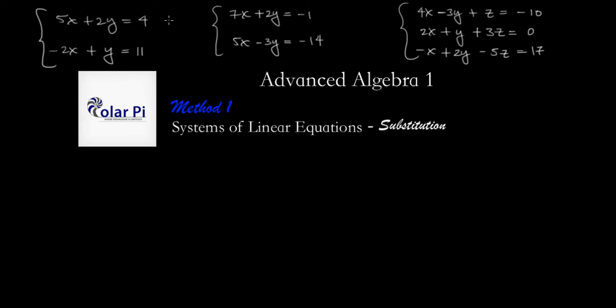So this is the first problem. As I said, that coefficient of 1 in the second equation tells us that we should use the second equation, in particular to isolate y, which is to solve for y, because that's what we're going to substitute.